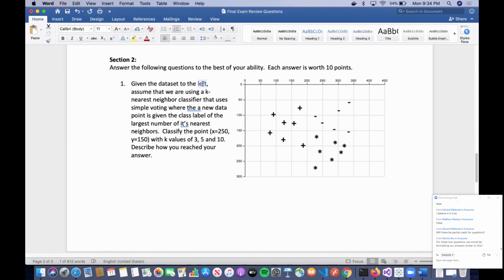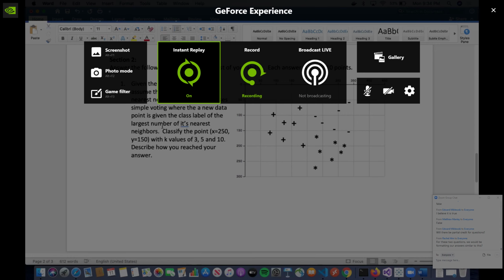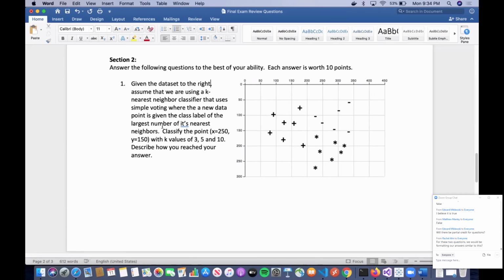we say assume that we are using the k-nearest neighbor classifier that uses simple voting. And again, if you have a question on this, we discussed the simple voting and the weighted vote, where when there's a tie, they have to vote, and which vote has more weight than the other.